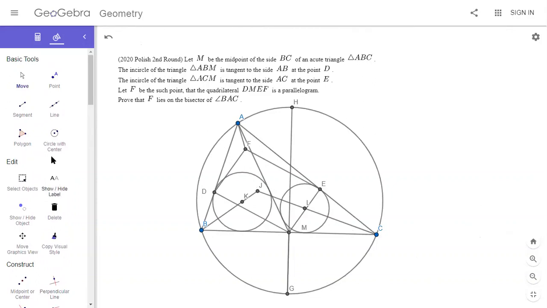What if we draw the point such that FJM and that point is a parallelogram?